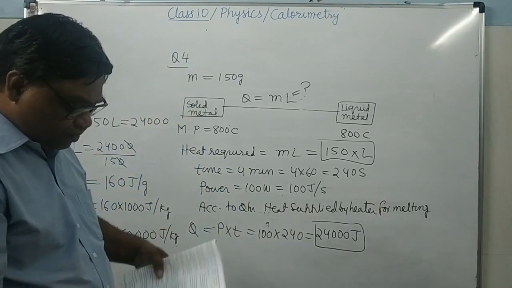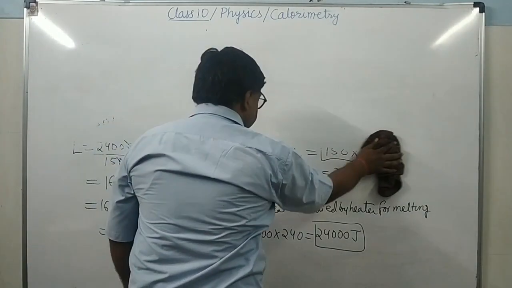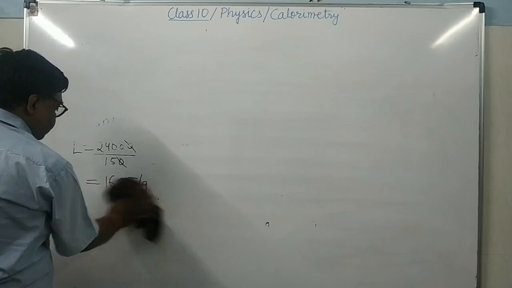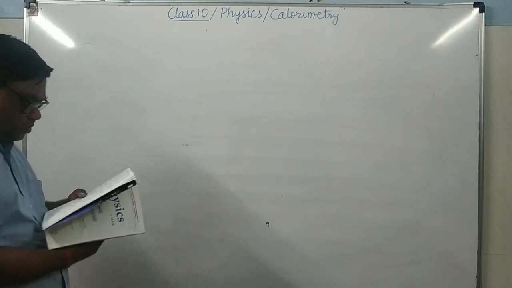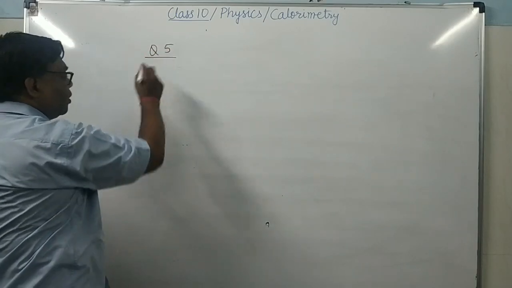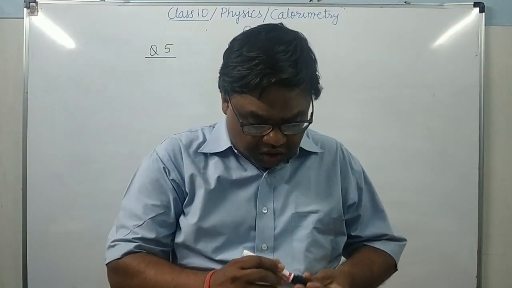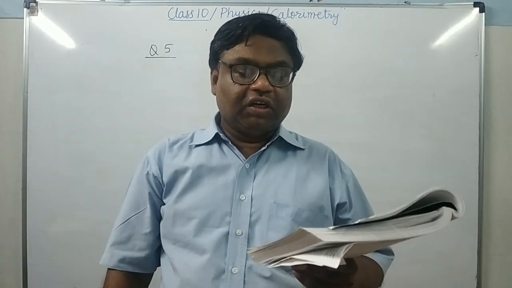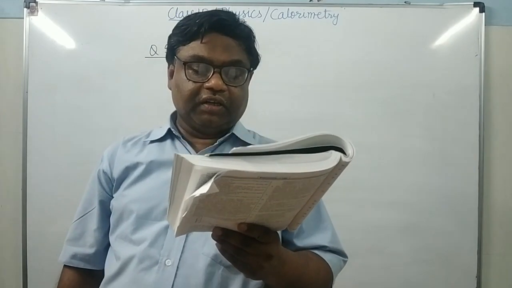Question number 5. A refrigerator converts 100 gram of water at 20 degrees Celsius to ice at minus 10 degrees Celsius in 73.5 minutes.